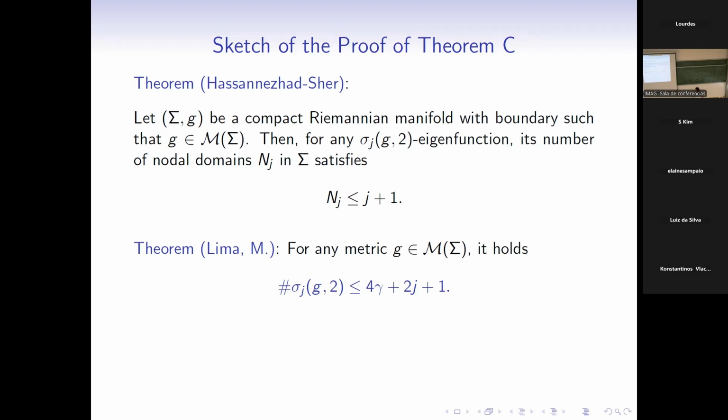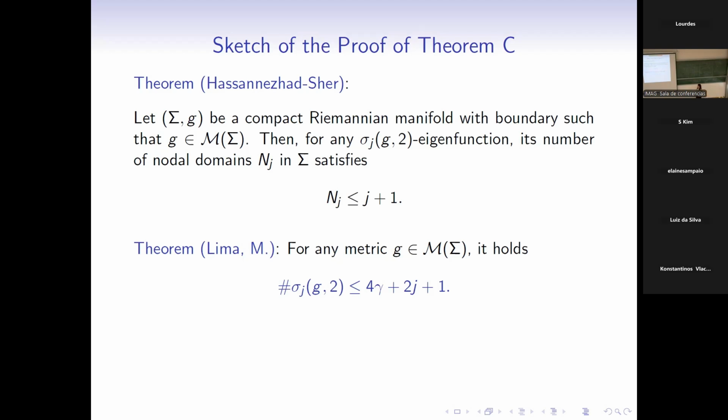Okay, so for example, if you're working with an annulus, because it's the case that we are interested in, then when you look at sigma 1, gamma will be 0, so it will be at most 3. Okay, so we have an upper bound for sigma 1.